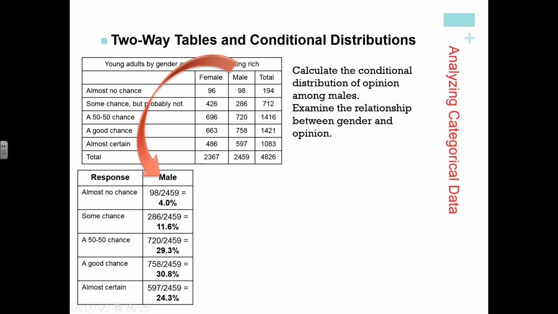So I'm going to take 98 and divide it by 2,459 to get a 4% value of how many males say they have almost no chance of getting rich. I'll do that for each one. So again, some chance, I would say 286 out of 2,459, which is 11.6% of males said they had some chance of getting rich.